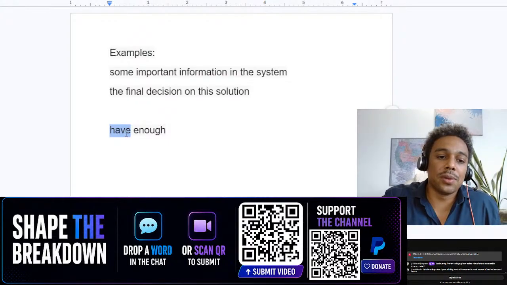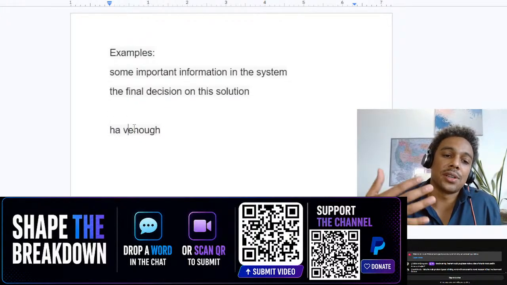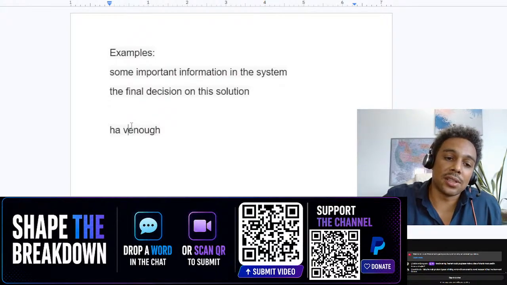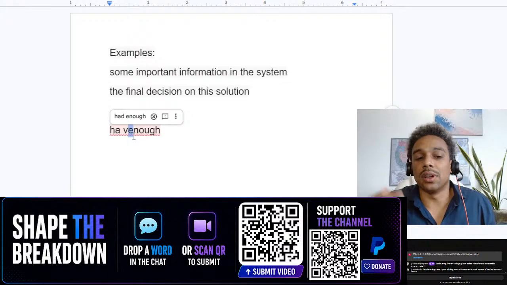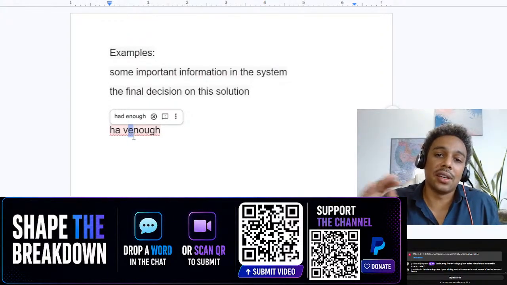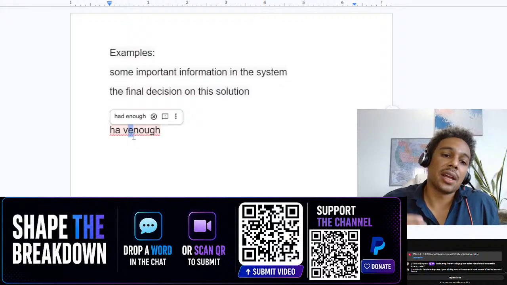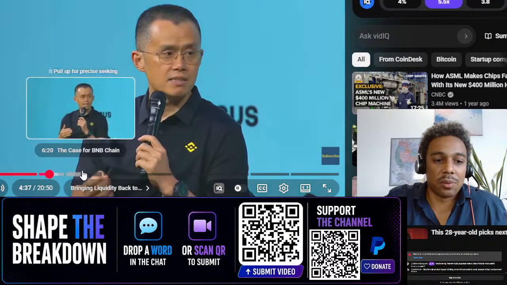What we would do as native speakers, we move this over and it turns into "vnuff." This is unstressed, so I'm pronouncing it as a schwa, just "vnuff." So this is "have enough" linked instead of separated. All right, let's check out a couple more examples.